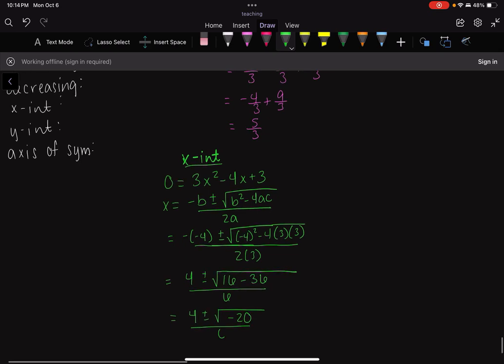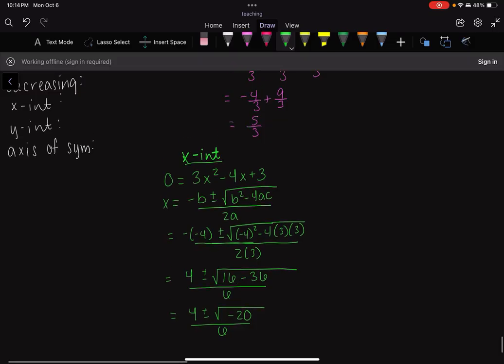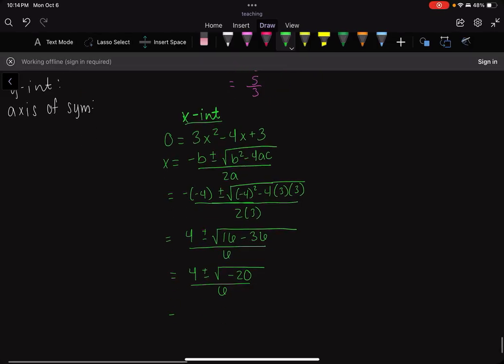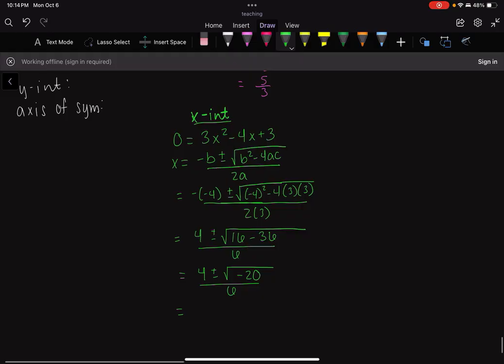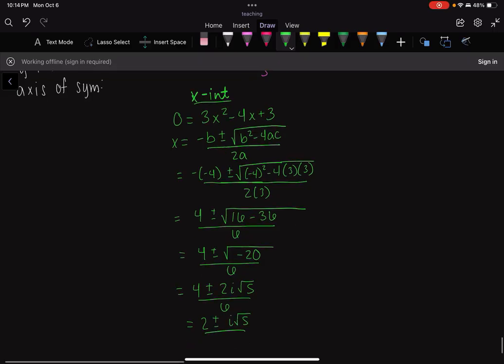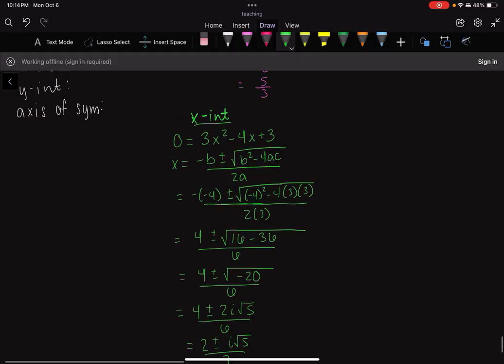Negative 20 over 6. 4 plus or minus, this would be 2i root 5 over 6, which simplifies to 2 plus or minus i root 5 over 3.